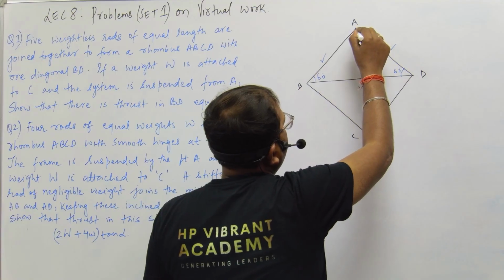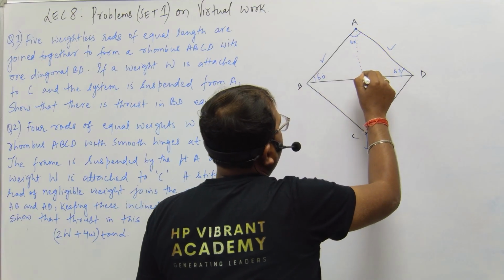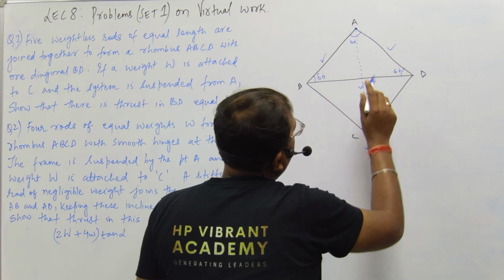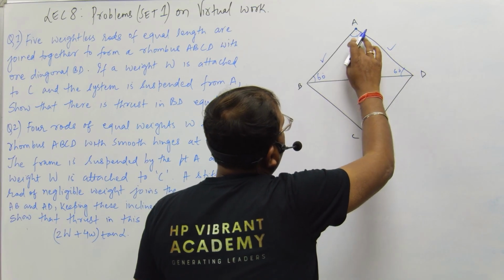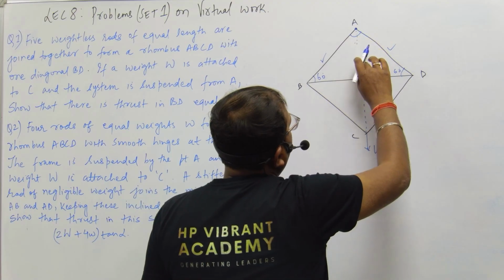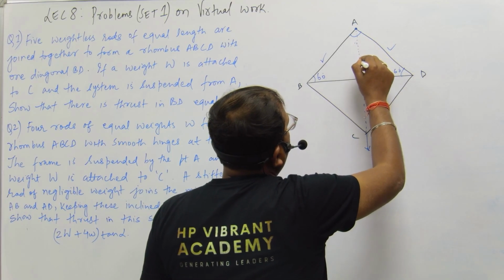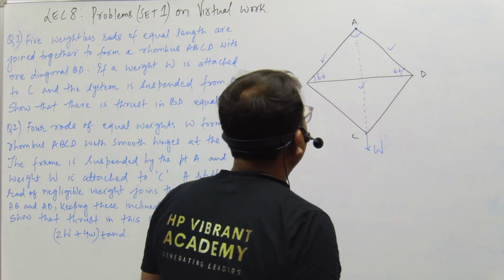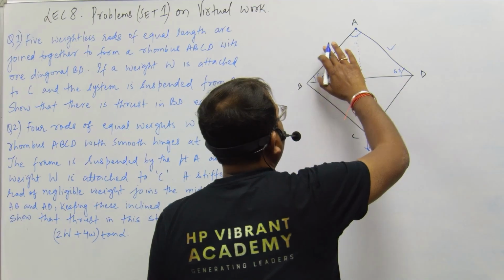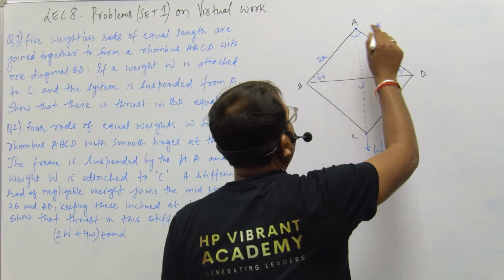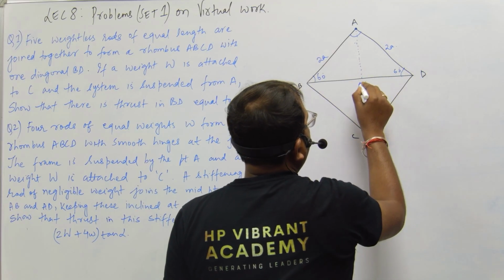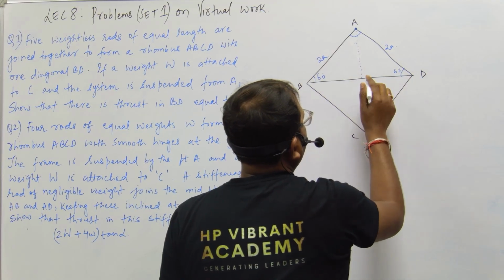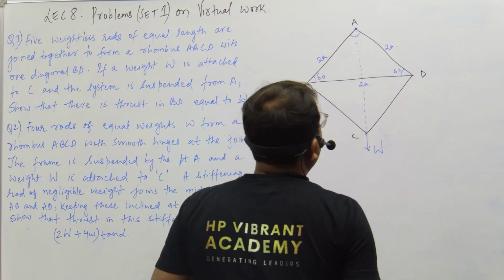Let us join this. Let us consider the length as 2a, and this is also 2a. BD is 2a.